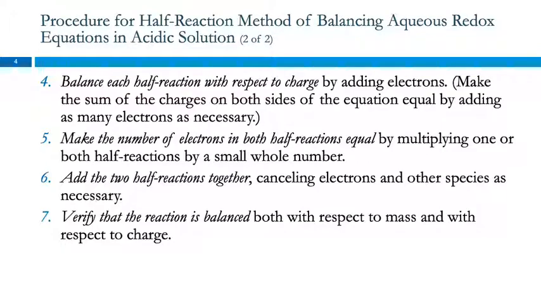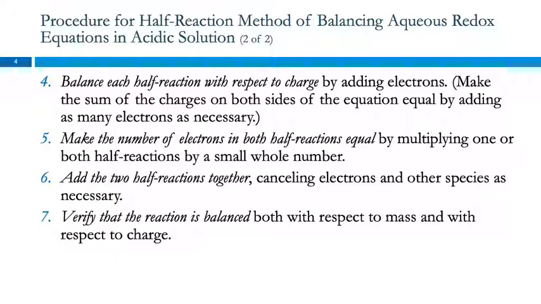After we do that, we're going to look at the 2 half reactions and balance each of them with respect to charge. So make sure that the charge on the product side and the reactant side is the same. So we'll end up adding electrons to one side on the reactant side and one on the product side, because one's an oxidation, one's a reduction.